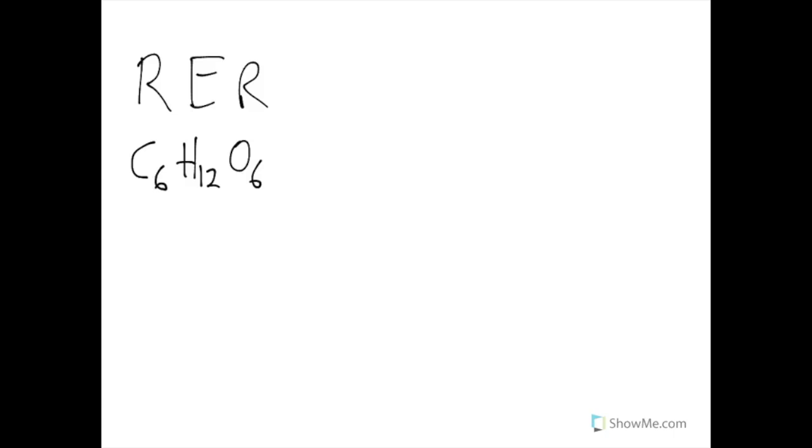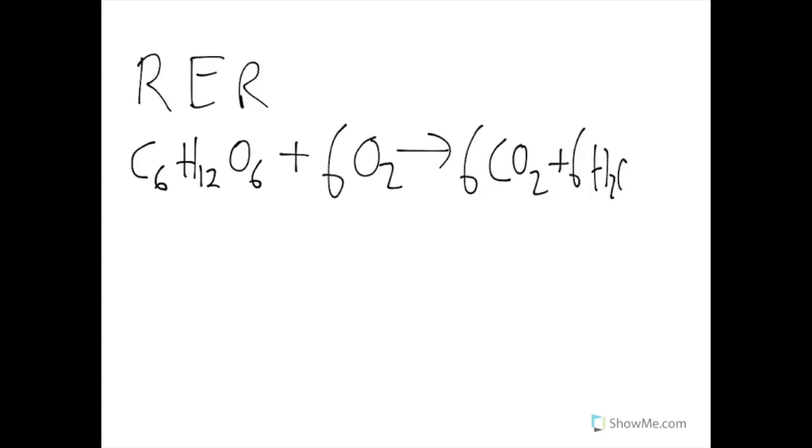But this is where things get interesting with the respiratory exchange ratio. So we have some chemistry equations here. If we have our glucose molecule, C6H12O6, we need 6 molecules of O2 to oxidize that. And as a result, we're going to generate 6 molecules of CO2, 6 molecules of H2O, and we are going to yield our 38 ATP.